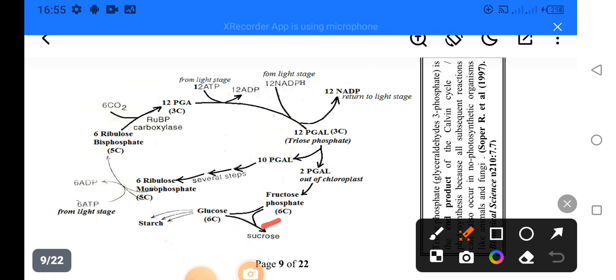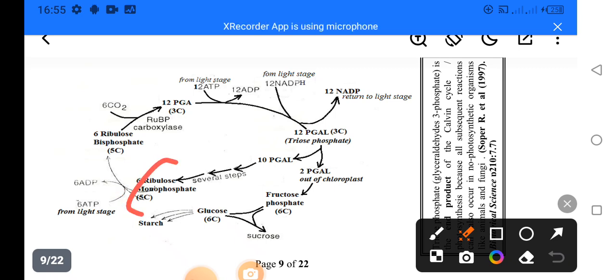Then from that one it can form glucose. Then from glucose we have sucrose and starch. Then another pathway, the remaining 10 from the PGAL, form several steps.